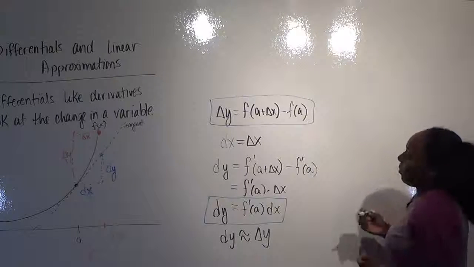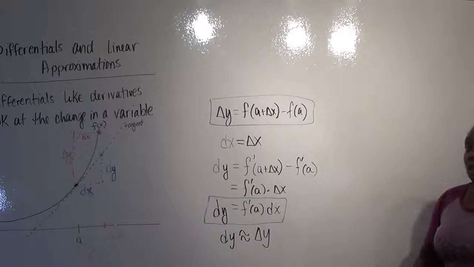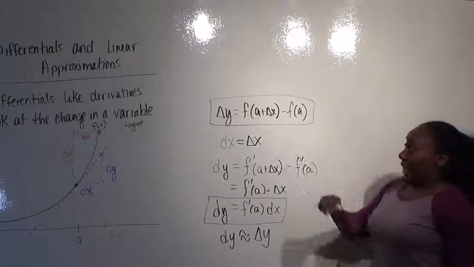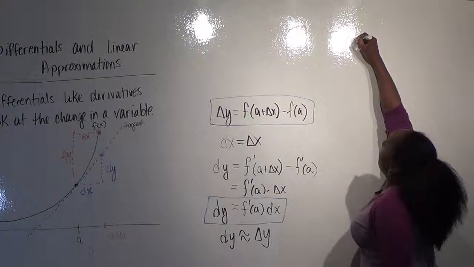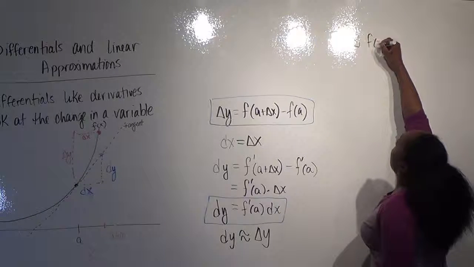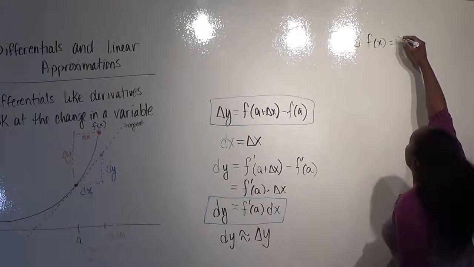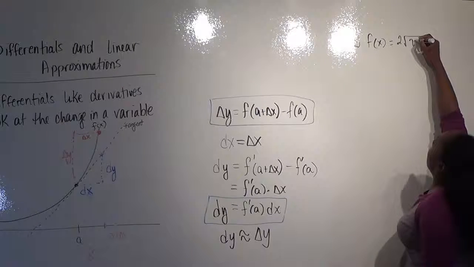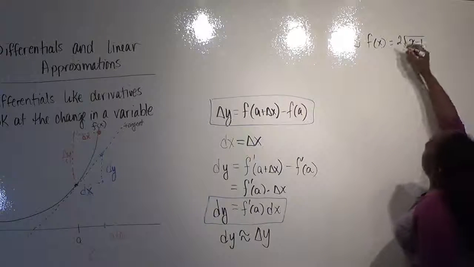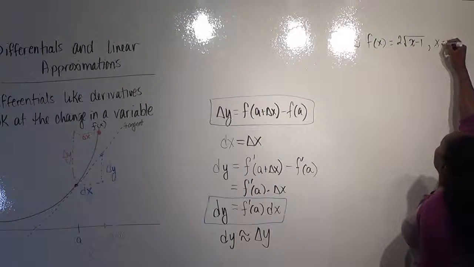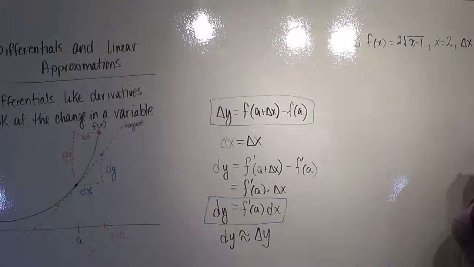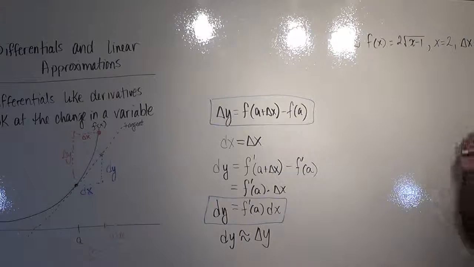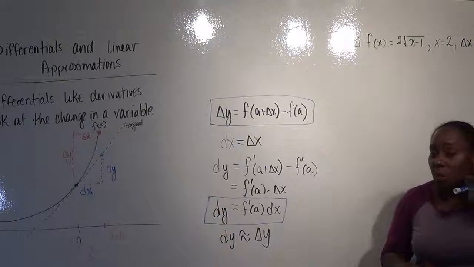Alright, so the first thing we're going to look at is just finding your differentials and finding some of your changes. Okay? So for example, let's say we had the function f of x equaling 2 square roots of x minus 1. And we want to let x equal 2 and delta x equal 0.1. Now again, in this case, my delta x is small.